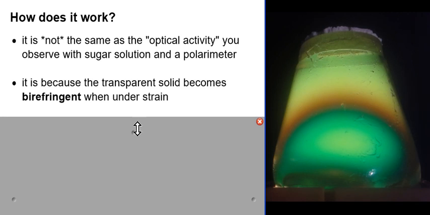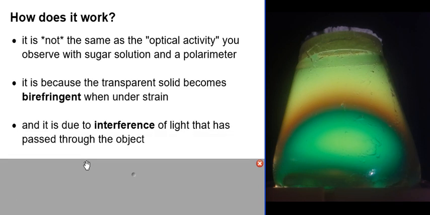It's because when these transparent solids are strained, they become birefringent, which means they have a different refractive index in different directions, and they have a different refractive index depending on the direction of polarization of light going through them, which is weird. And then it's due to the interference of light that's passed through the object, but experienced different refractive indices.